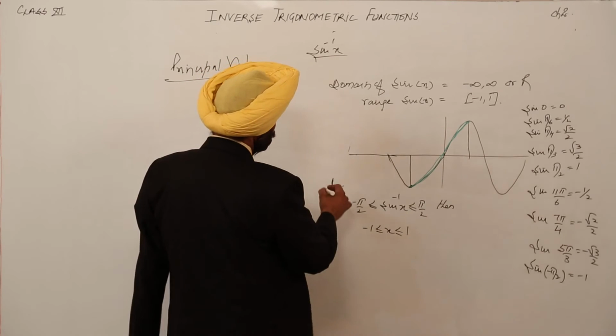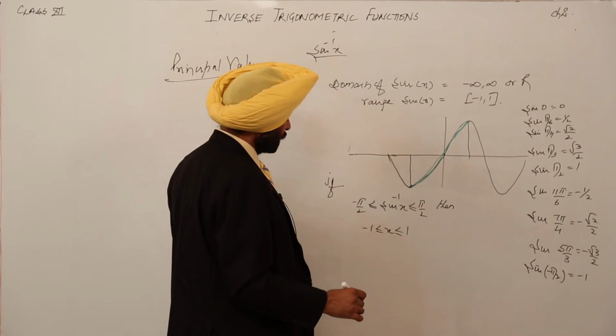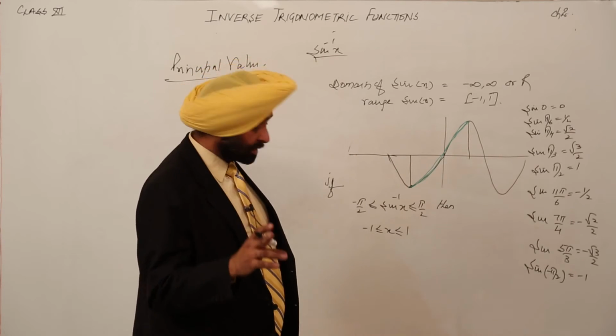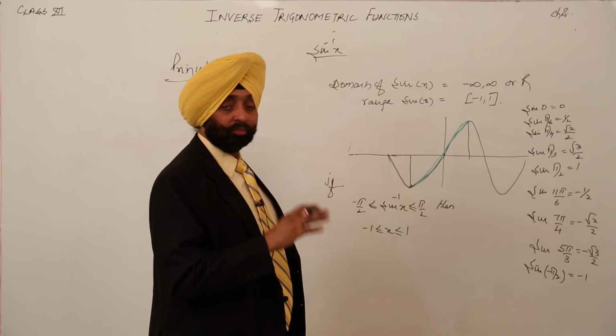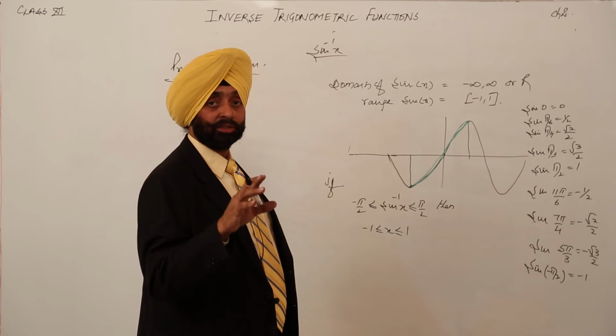If minus pi by 2 is less than or equal to sine inverse x is less than or equal to pi by 2, then minus 1 is less than or equal to x is less than or equal to 1.